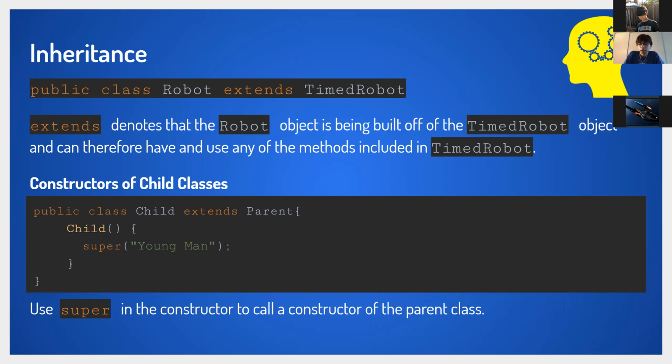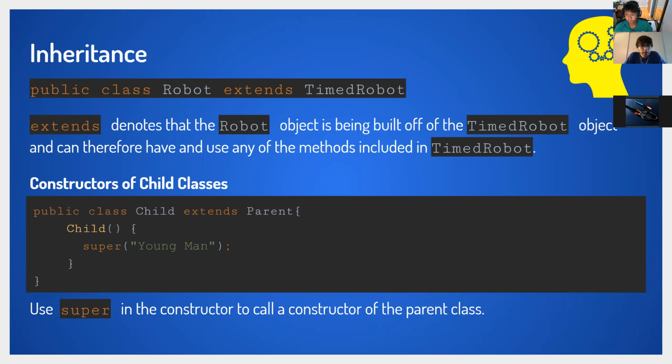So it would just be a method that's protected. If there was a method within adult that was protected and child was not in the same package as adult, child would still have access to that protected method because it's a subclass of adult. Does that make sense? Okay, cool.